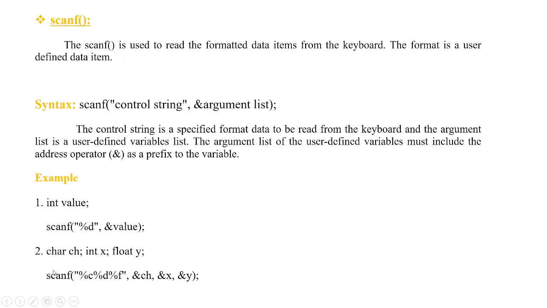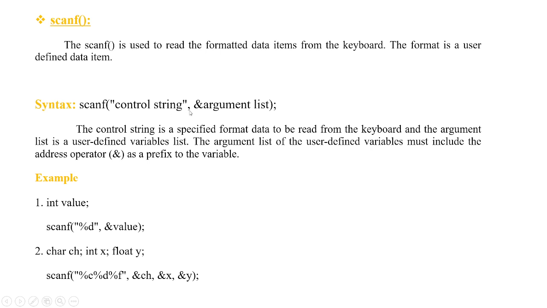Now let us see scanf. As we have seen, getchar was meant to read only a character, whereas by using scanf we can read any type of value or data from the keyboard, and we can store them in their appropriate variable list. So the syntax goes this way: scanf, and we are going to specify the control string.